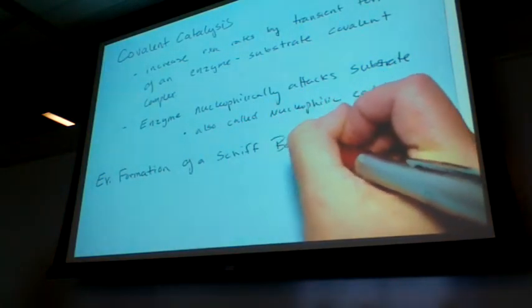We're going to do the example specifically for a lysine, as lysines can form Schiff bases. So if I have an enzyme, and I suppose this could also be an N-terminus here, but we'll say it's a lysine side chain that has that primary amine.